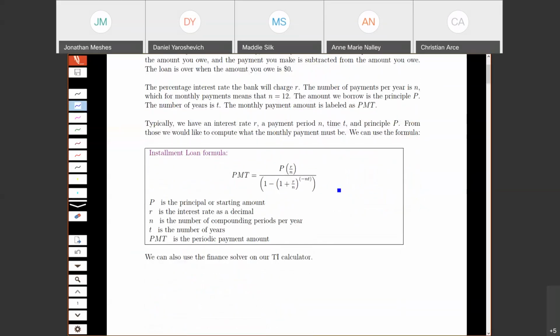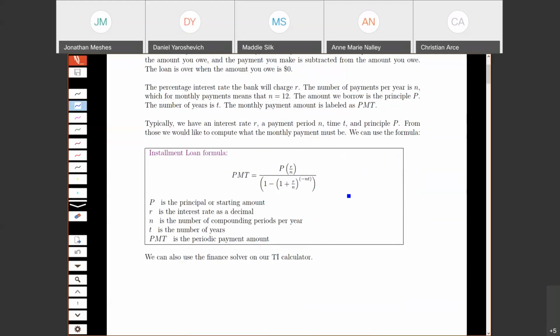So here's our installment loan formula. I only have one formula here instead of two or more, and this is only solved for the monthly payments. So the idea is if I want to buy something like a house or a car or a couch and I need to finance it and I borrow money, I want to say, okay, I'm going to pay it back in this many years, and with this interest rate, how big do my payments have to be?